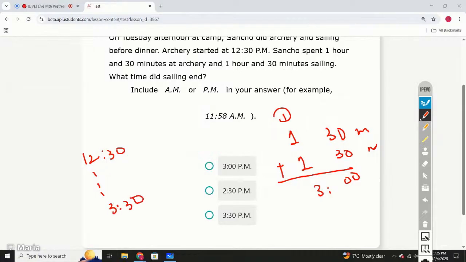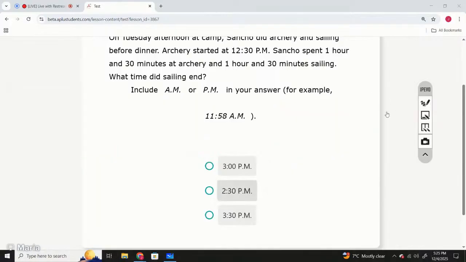That means he finished by 3:30. So the correct option is 3:30. Option number 3 is the correct option.